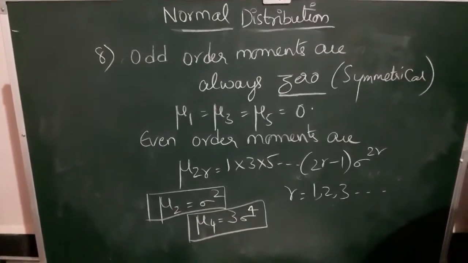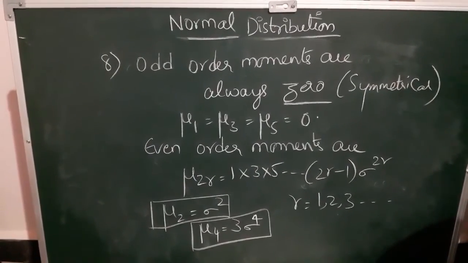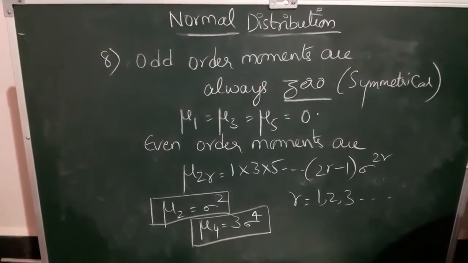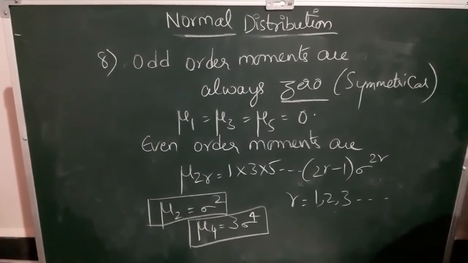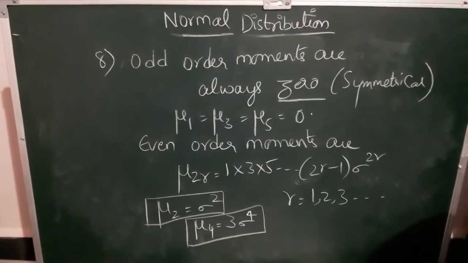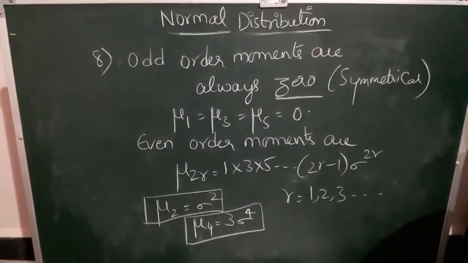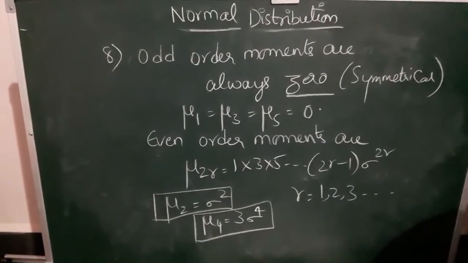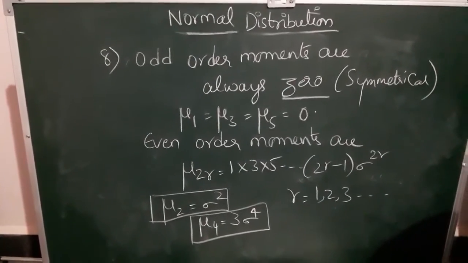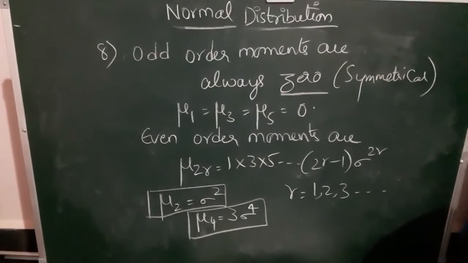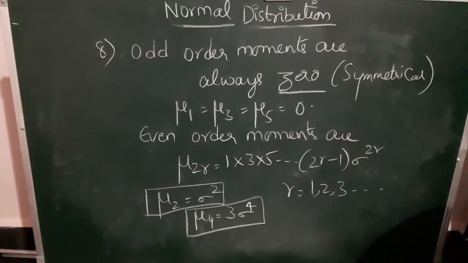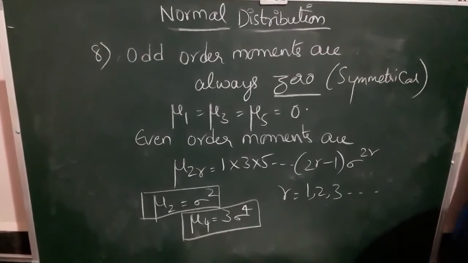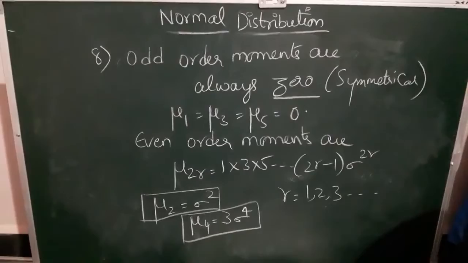So for r equal to 1, mu 2 becomes 1 into 3 into 5 and so on, which is just sigma square, because 2 into 1 is 2, 2 minus 1 is 1, into sigma power 2, so sigma square. Next, mu 4, substitute 2 in place of r: 1 into 3 into 5 and so on, 2 twos are 4, 4 minus 1 is 3, 3 into sigma power 4.